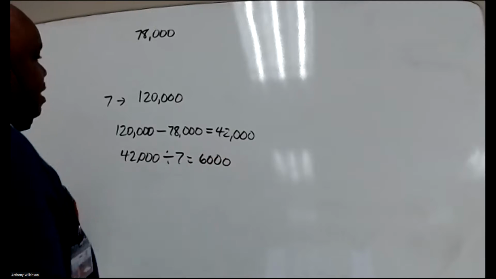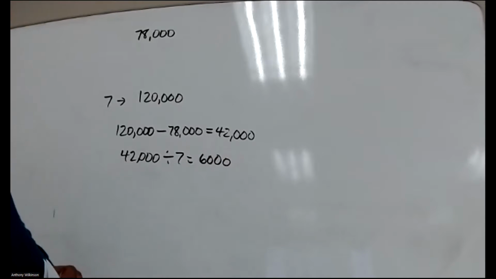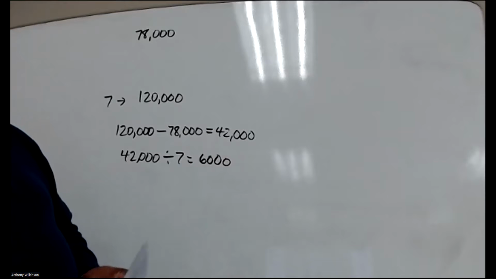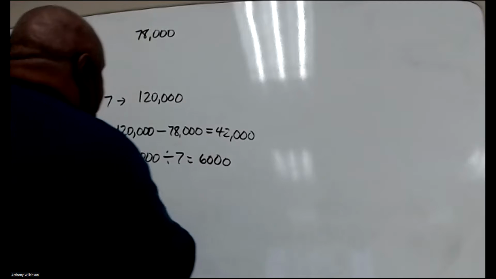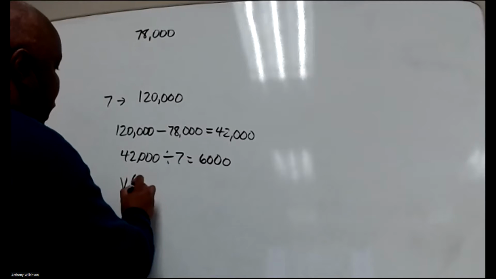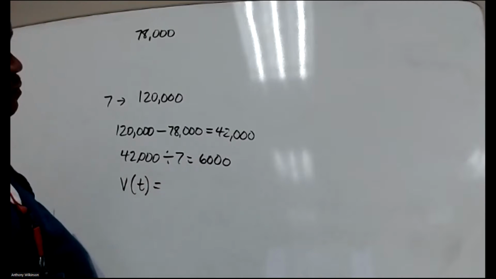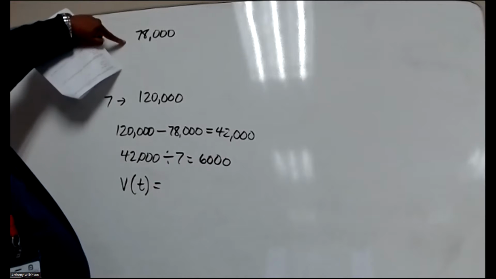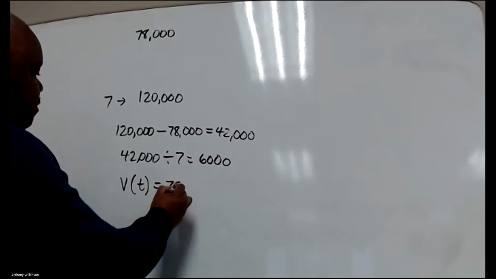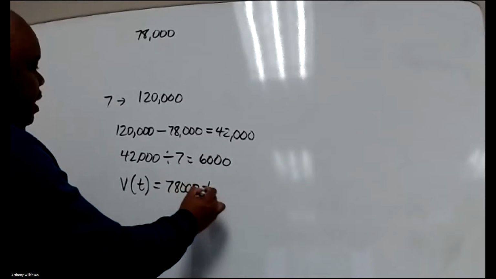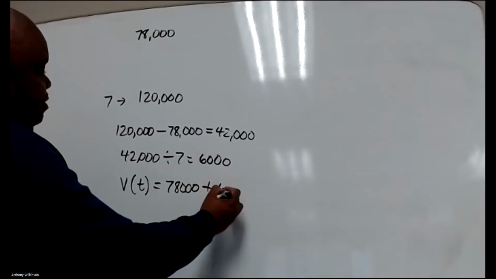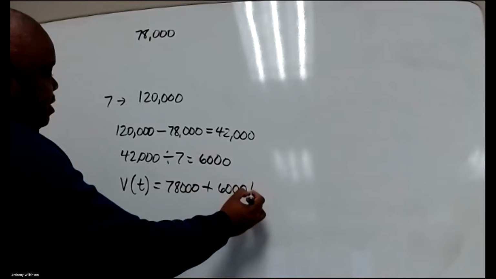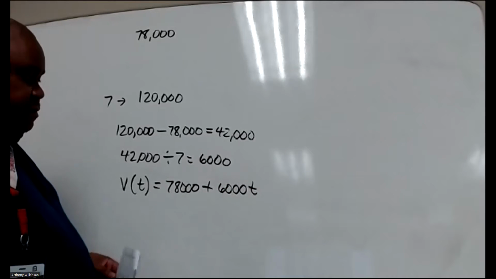So the value of the house increased by $6,000 a year. And now we can express the house's value in terms of T, where T is the number of years. It started off at $78,000, plus it's increased each year by $6,000, so this will have to be 6,000 times T.